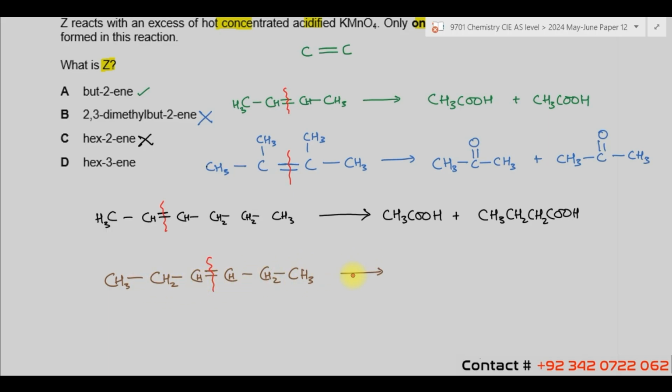A 3 carbon carboxylic acid on one side and a 3 carbon carboxylic acid on the other side. Alright, so similar, one type of carboxylic acid is formed. Now we have 2 answers, either it should be A or D.